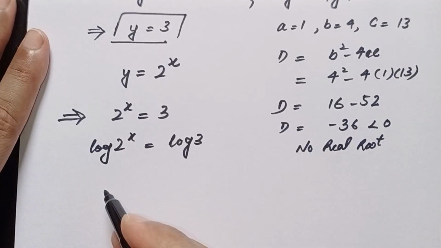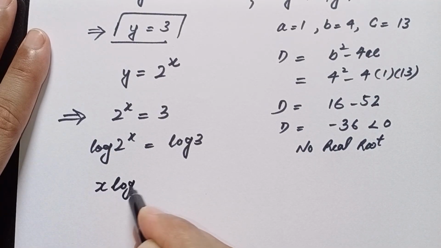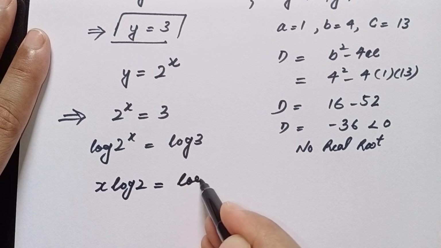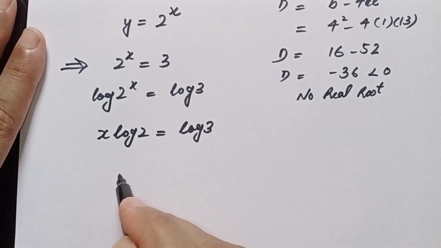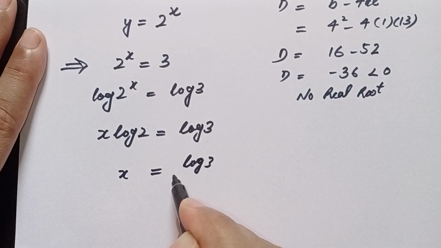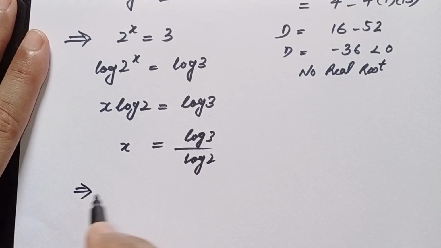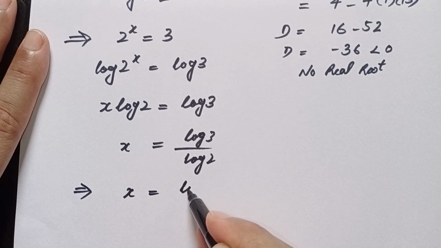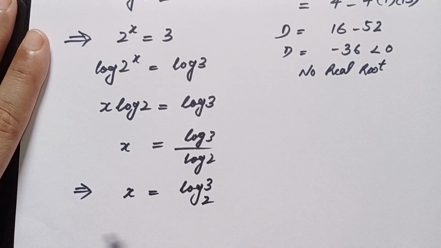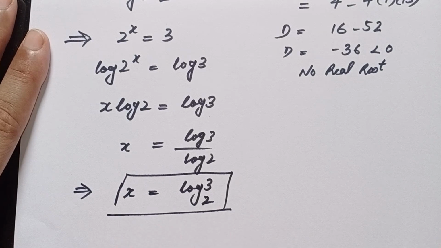From here, x will shift to the front and we write x log 2 is equal to log 3. Bring log 2 to the other side: x is equal to log 3 over log 2. By using the formula, x is equal to log 3 base 2. So it is the final value of x that we have calculated.